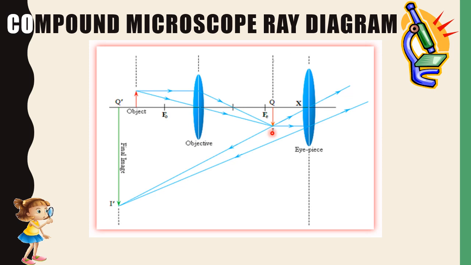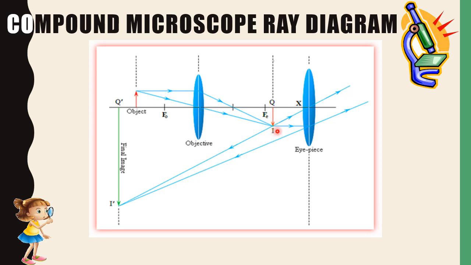From point I, we draw the perpendicular to the principal axis. We reach the point Q. Therefore, QI is the image formed by the objective for the object O here. But what is QI?